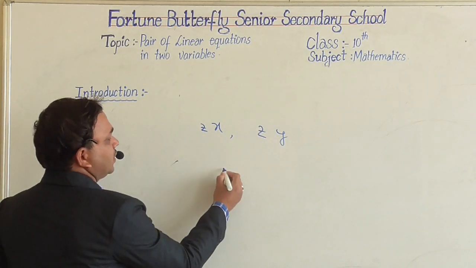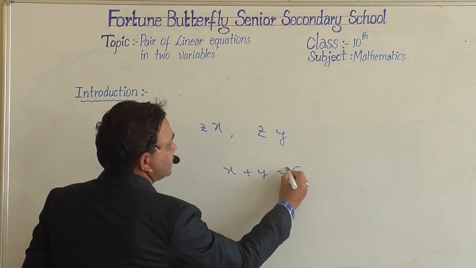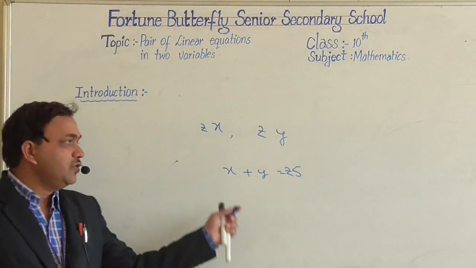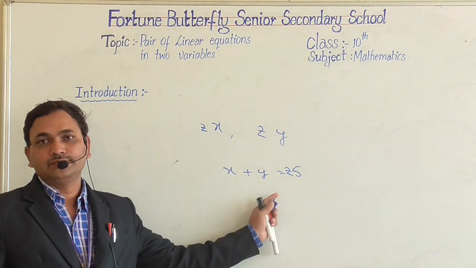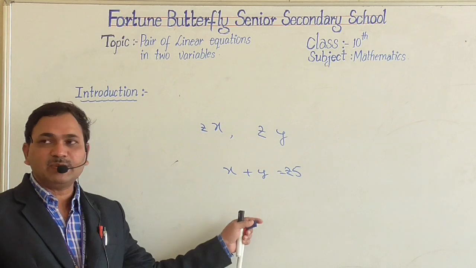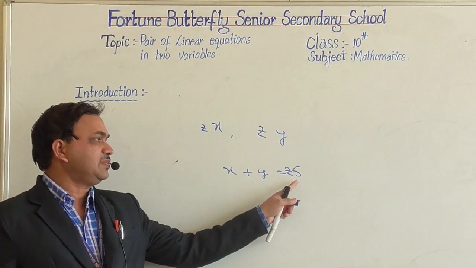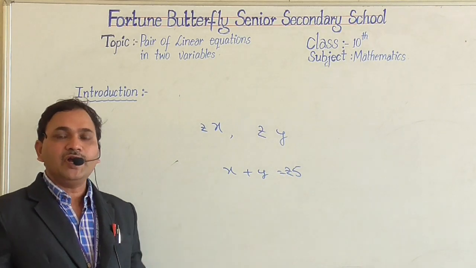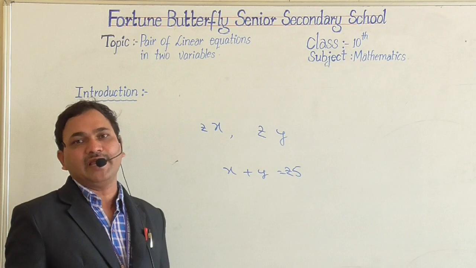We can see that x plus y is equal to 5 rupees. We don't know the values of x and y. The shopkeeper gave only 5 rupees, but we don't know the individual prices. So how do we find the individual prices?